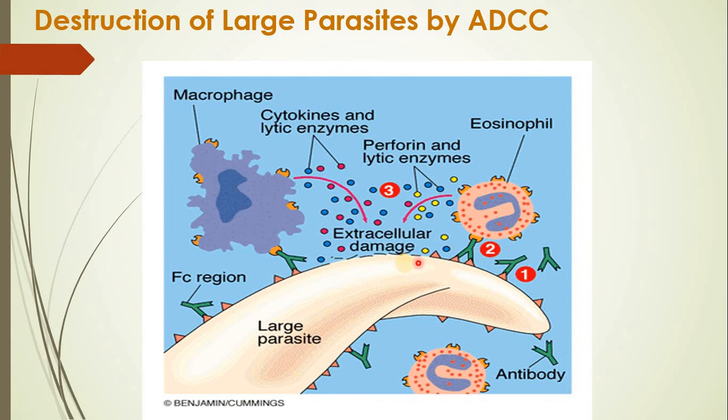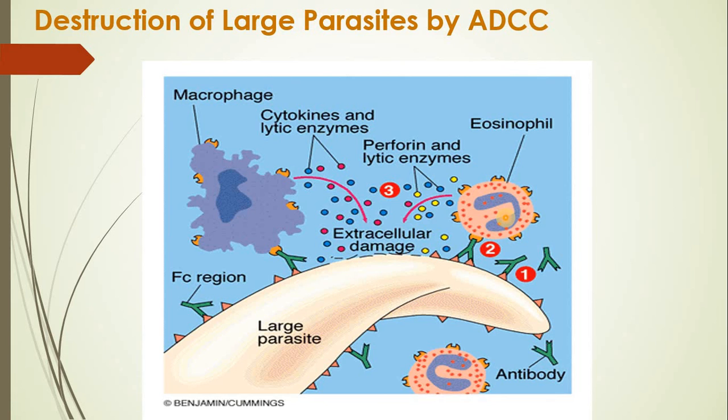And here you can see there is defragmentation seen onto the surface, because the perforin will bring about formation of pores onto the surface of this antigen. As a result, the natural component of the parasite will be seen oozed out, and that will bring about the death of the parasite.